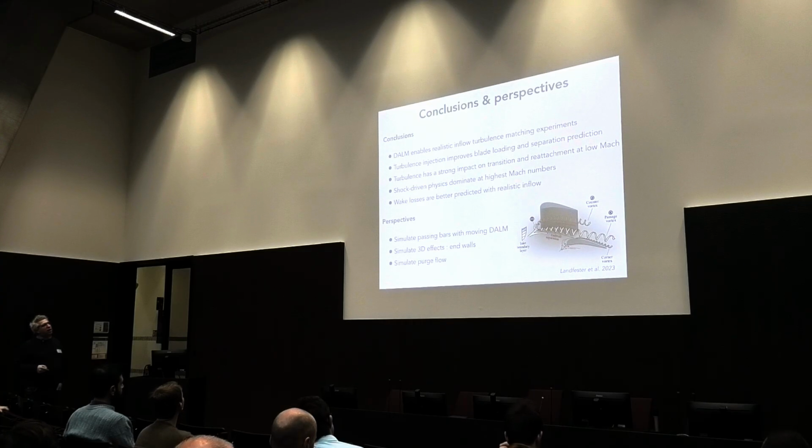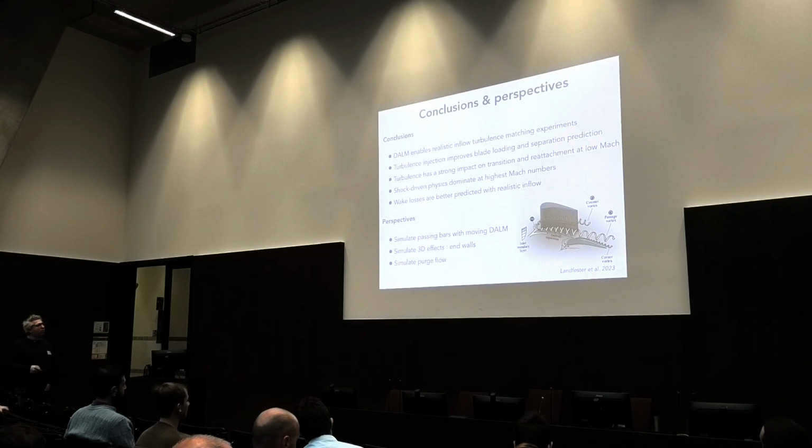So it's also quite interesting to simulate this. And also simulate technological effects like purge flow, which prevents the very hot flow of the turbine from entering inside the mechanisms that are located inside the turbine disk.